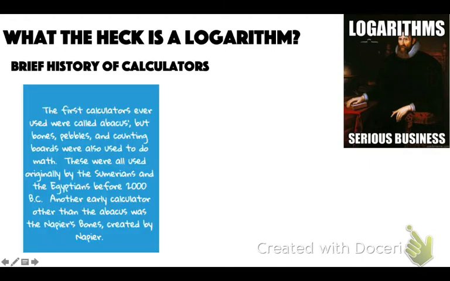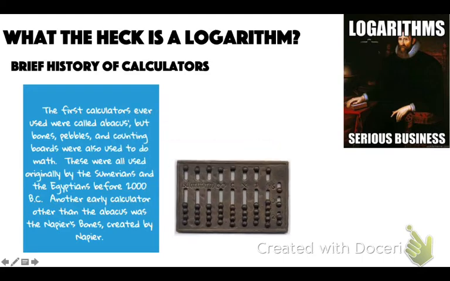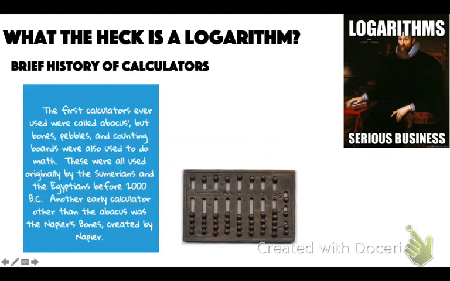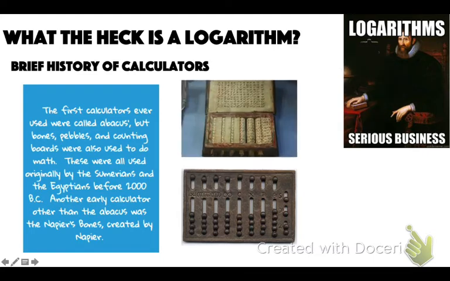Back in, I don't even know, 2000 BC, before Christ, these were the first types of calculators, and they were basically just pebbles, and you could only use them for counting. We also had what was called an abacus, basically a counting machine that could do pretty easy calculations.